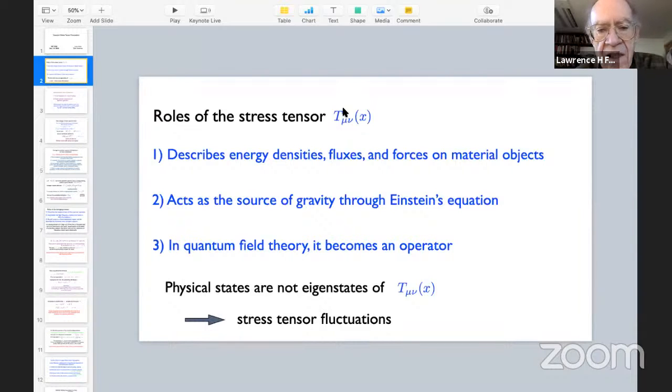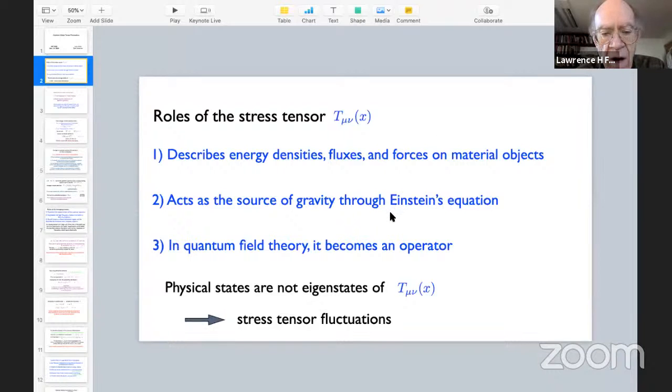The different components include things like energy density, energy flux, but also pressure and stress components. And this is going to come back a little later in the talk when I talk about fluctuations, because that means there'll be fluctuating forces.